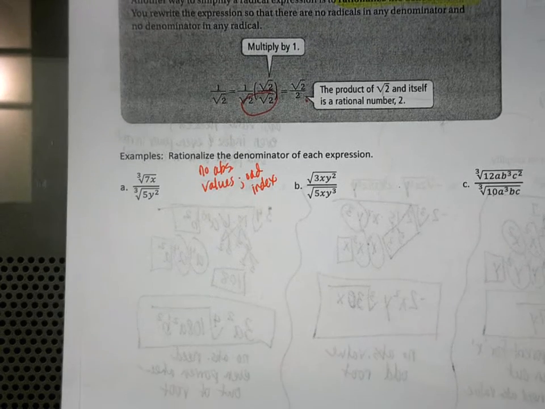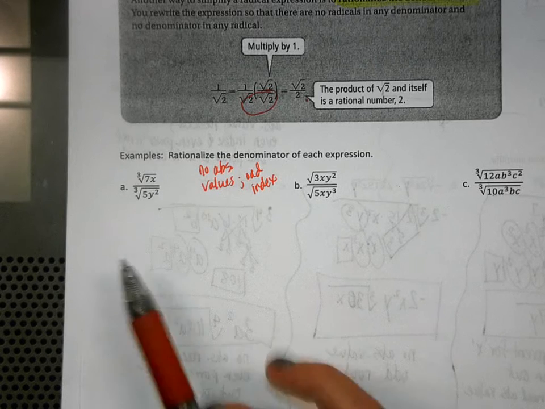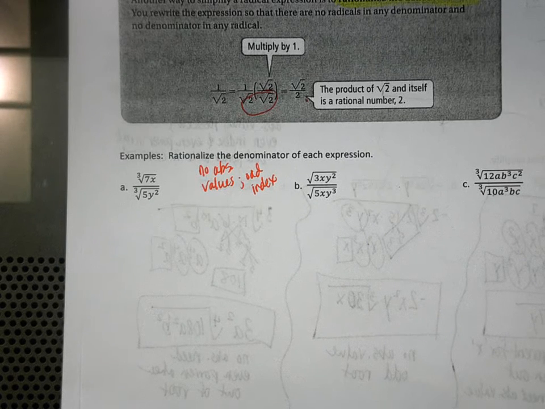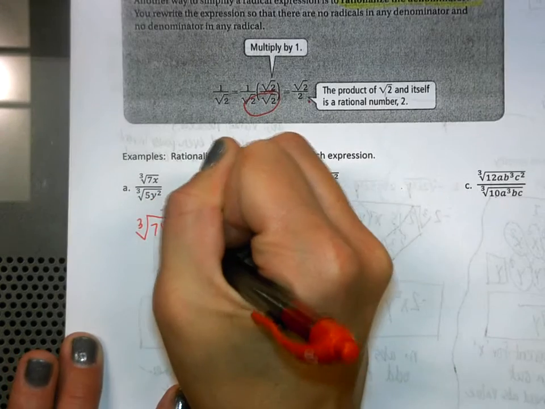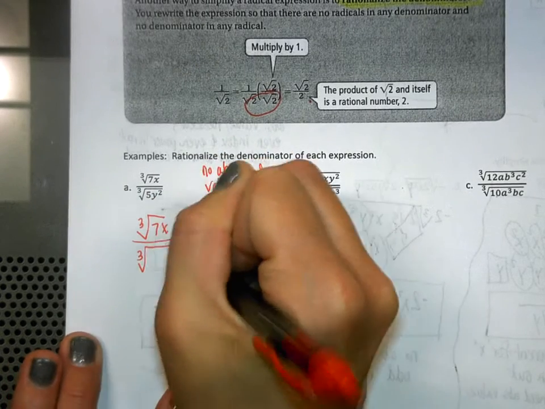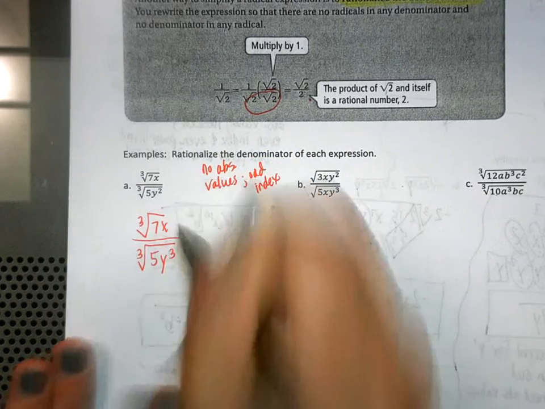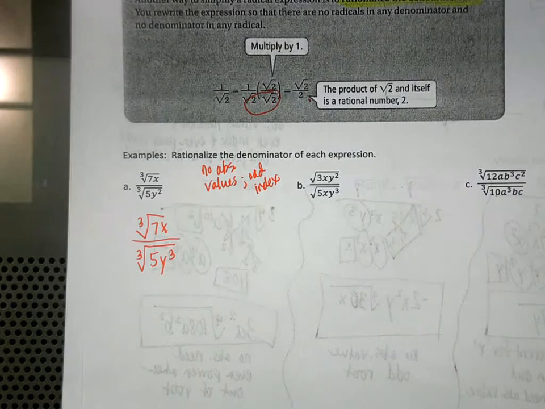Okay, so the only thing on this problem that we have to worry about is getting rid of the root in the denominator. Okay, and so I'm going to rewrite this just because I need a little bit of room to the side. How many 5's do I need in order to make a group on this one?